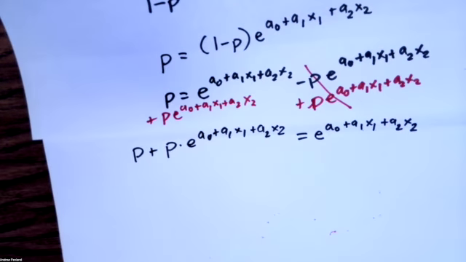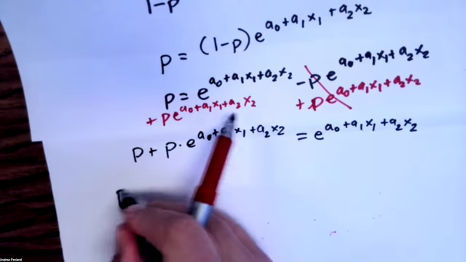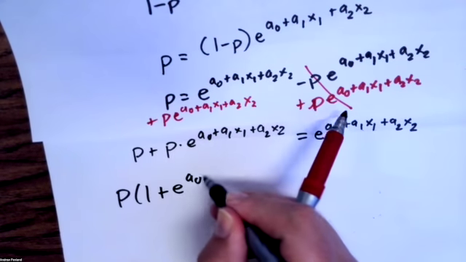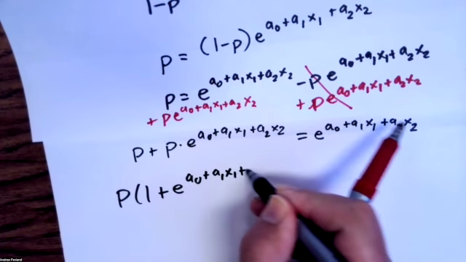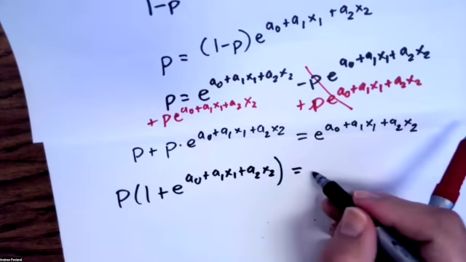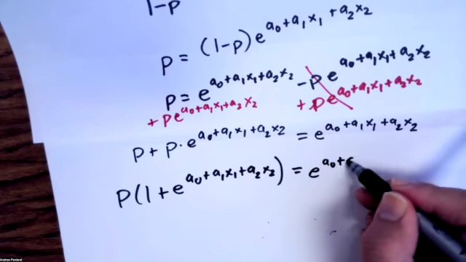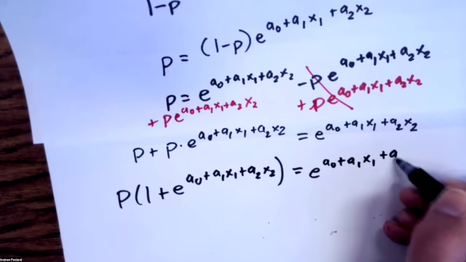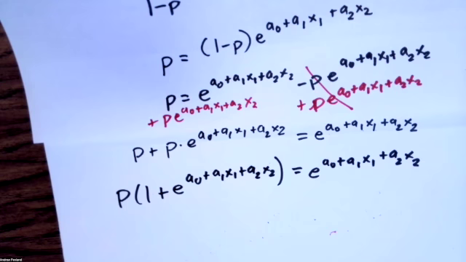Do you agree? And then we're going to factor out P. So we have P times 1 plus e to the a0 plus a1 x1 plus a2 x2 equal to e to the a0 plus a1 x1 plus a2 x2. Do you agree? Okay, what should I do now?